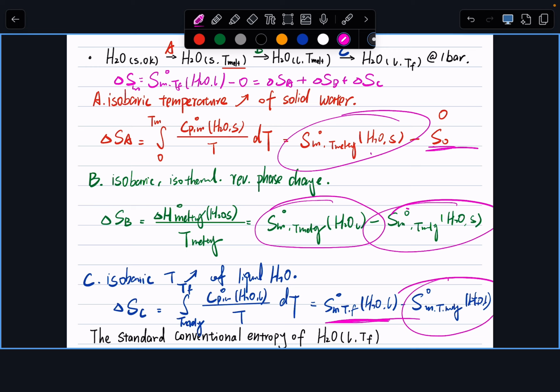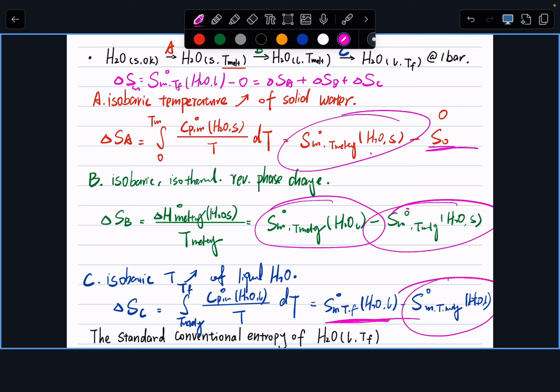Okay. We end up getting the expression of your conventional molar entropy at 1 bar, certain temperature, equals my delta SA plus delta SB plus delta SC.